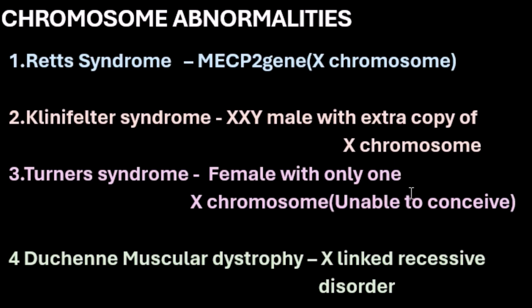Turner syndrome, female with only one X chromosome, so it can be said as XO because there is no other Y. Then Duchenne muscular dystrophy is X-linked recessive disorder. So these all are the other types of X-related chromosome abnormalities.